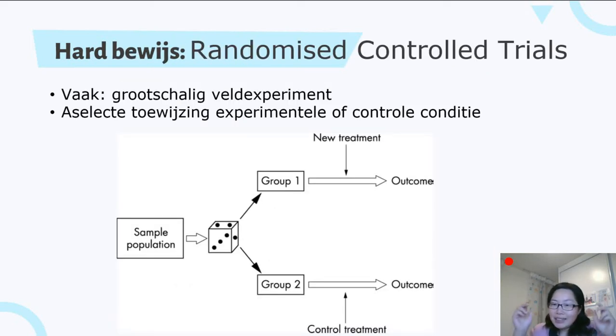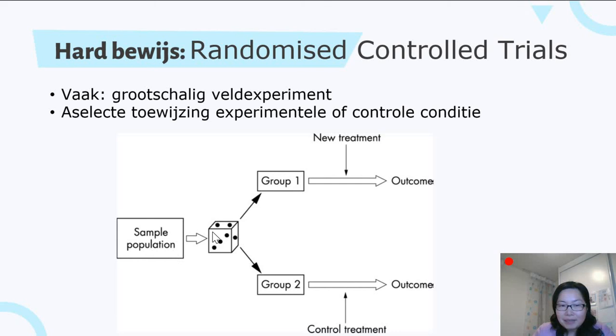And let's say the gold standard of this kind of research design is called randomized controlled trials. So we tend to think this is the best research design to find out whether the intervention is effective or not.